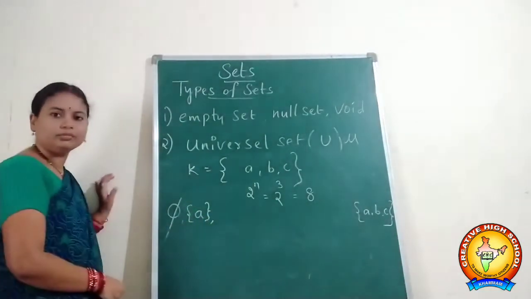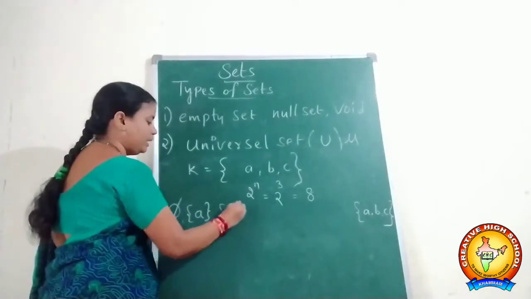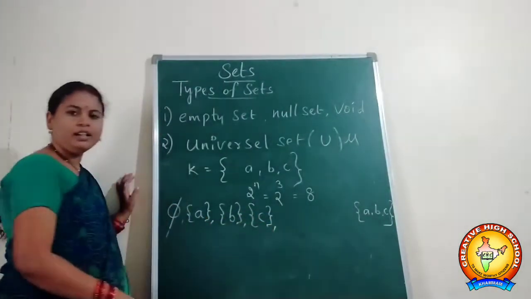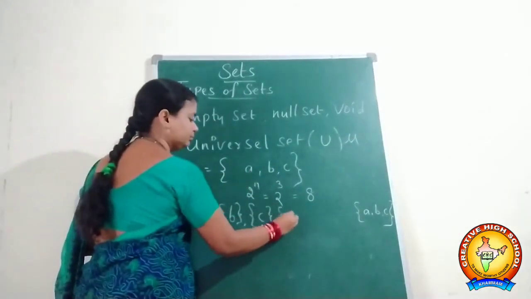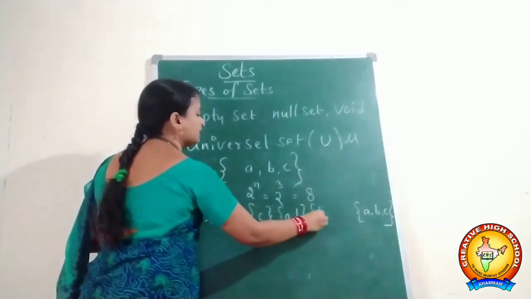First take one element: A, B, C. Now let us take two elements: AB, BC, and AC.